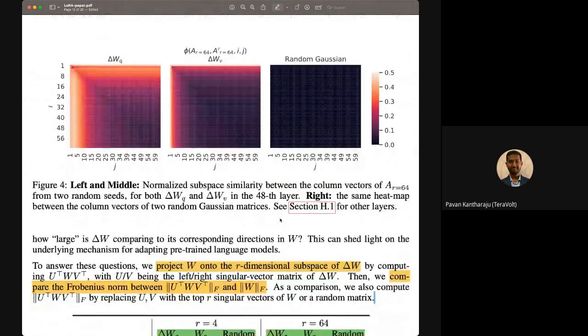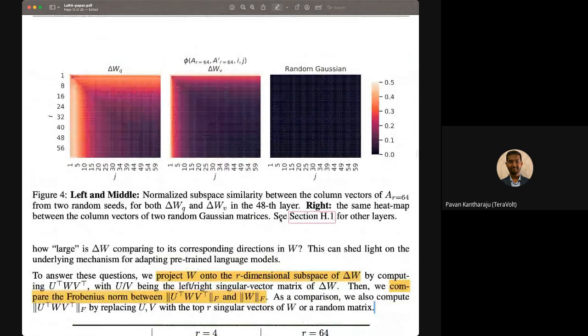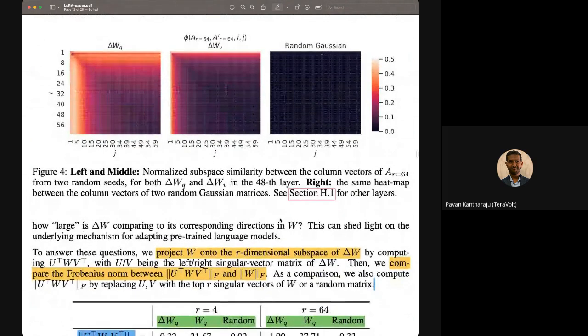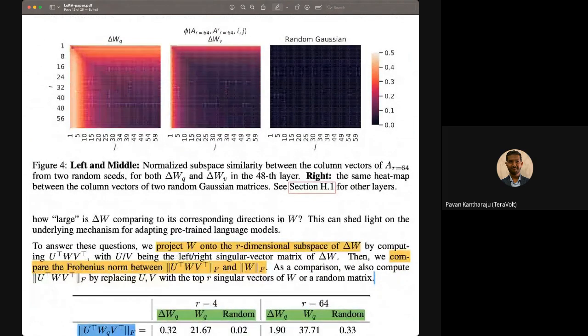The final thing they do is look at the correlation between the pre-trained weights and the weights that LoRA learns.